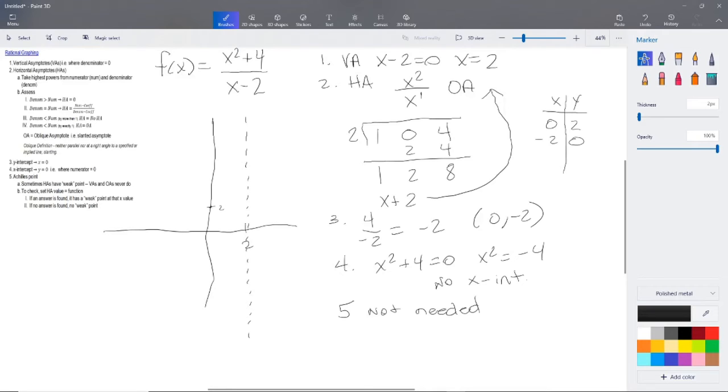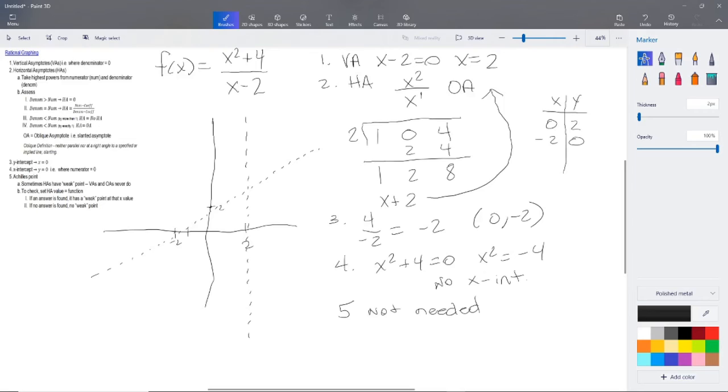That's just a little hash mark there, because it's not really a point. It's a point we're going to use for our oblique asymptote, but it's not a point on the graph. And then (negative 2, 0) right about there. Put a little mark there. And then we're going to connect those with a dashed or dotted line. And if we miss it, that's all right. We're close enough.